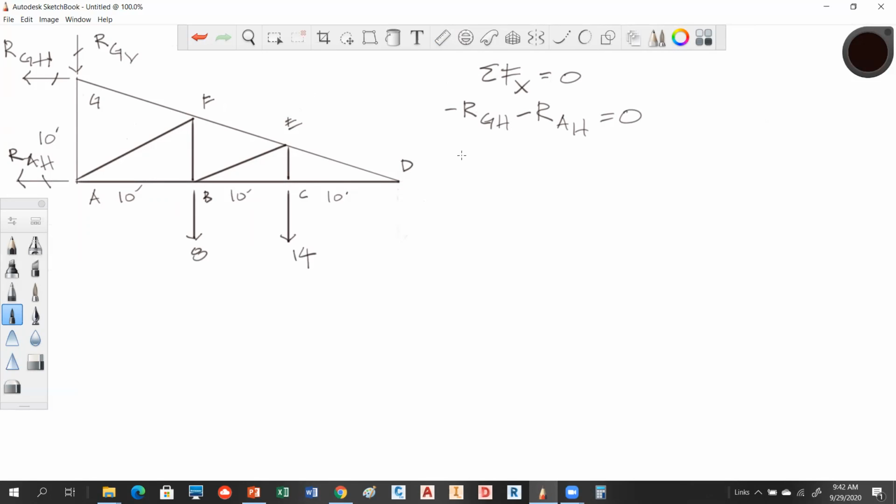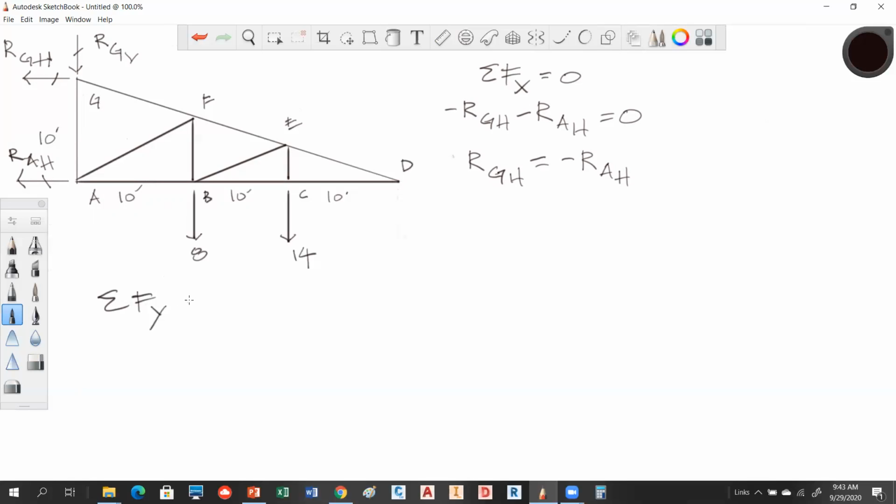So what I'm going to do is bring that guy over. So that'll say RGH is negative RAH. That should make sense because they have to be opposite, right? But we just don't know which way they're going yet. Okay? Does that make sense? Yeah.